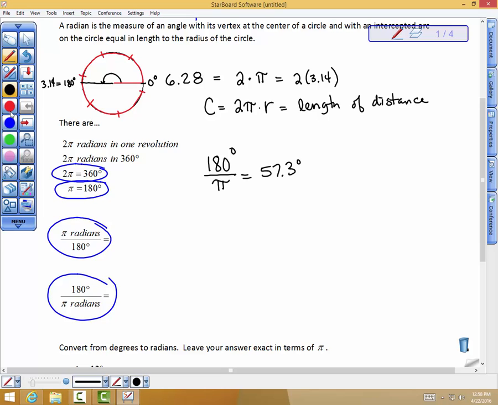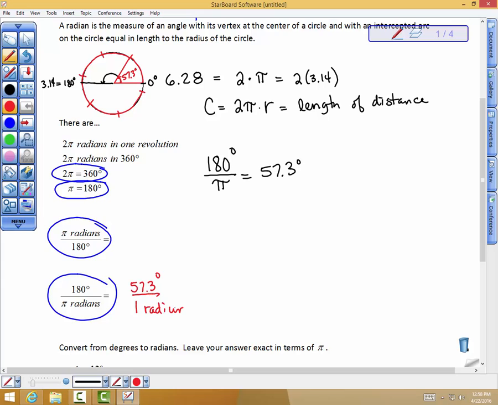So I want you to see that when I draw this line in right here, it represents a 57.3 degree angle, and it's also represented by that 1 radius that gets laid around its circumference. So 57.3 degrees is also 1 radian. Again, 180 degrees divided by pi, 57.3 degrees is 1 radian.